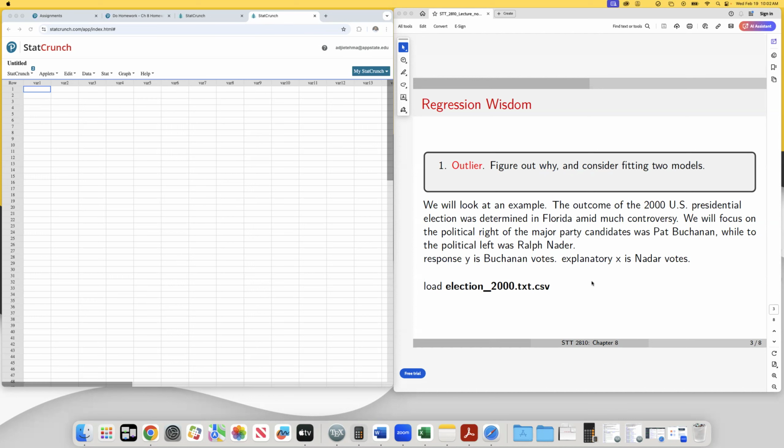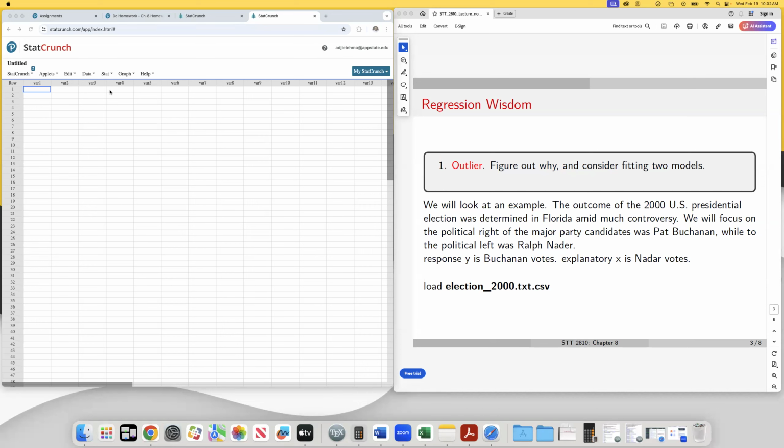In doing so, I want us to look at this example. I picked this example from the textbook. It's a lot, but my focus is on the votes between Pat Buchanan and Ralph Nader. Let's go to StatCrunch and load this data set, election 2000.